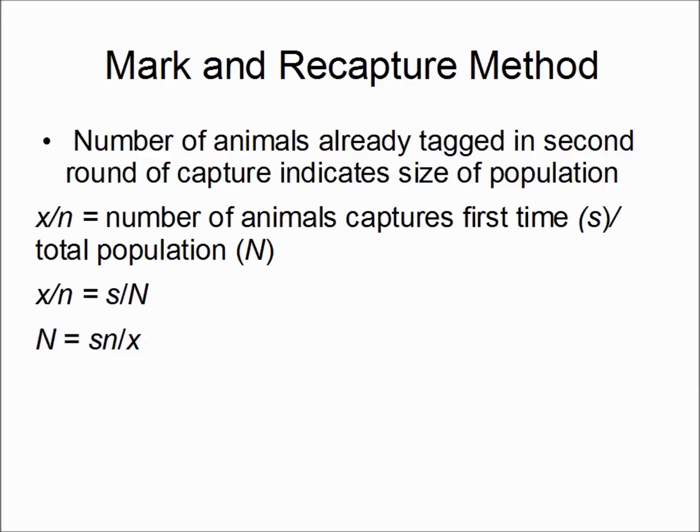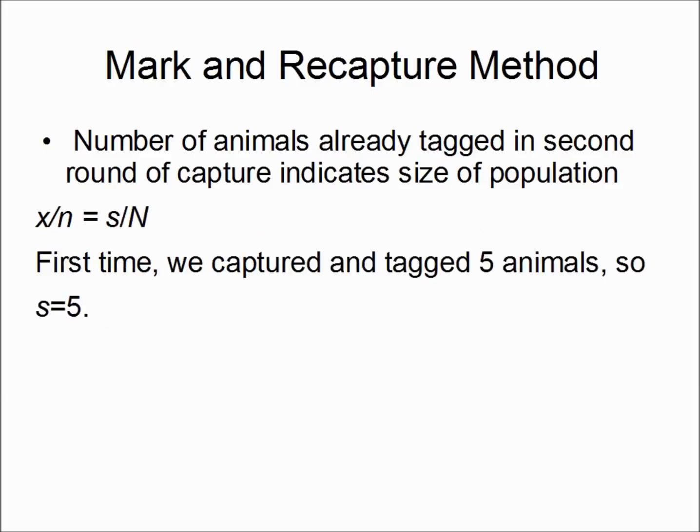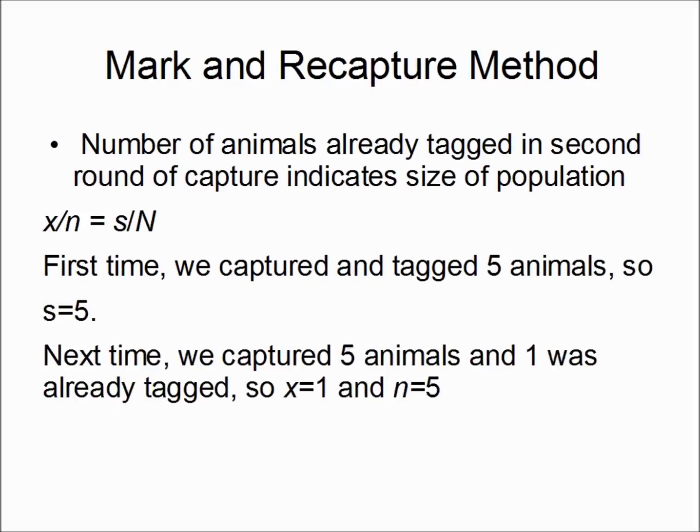Now let's do the math. So going back to that diagram, the first time we captured and tagged 5 animals, so s equals 5. The next time we went back and captured 5 animals again, and one of them was already tagged. So now we have x equals 1, because that's the number of animals that were already tagged. Lowercase n equals 5, because we went back and captured 5 animals the second time. And we already know that s equals 5, because the first time around we captured 5 individuals.